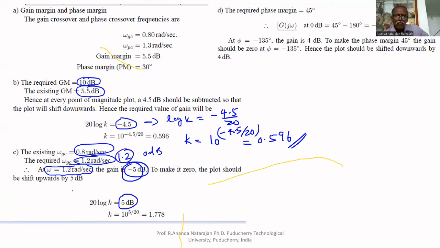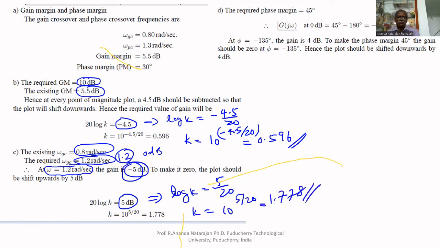So 20 log k equal to 5 dB. Therefore, log k equal to 5 by 20, or k equal to 10 power 5 by 20. That is equal to 1.778.